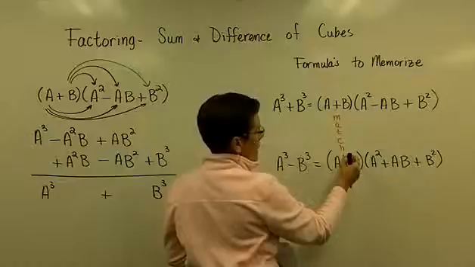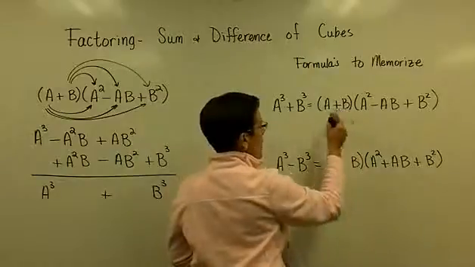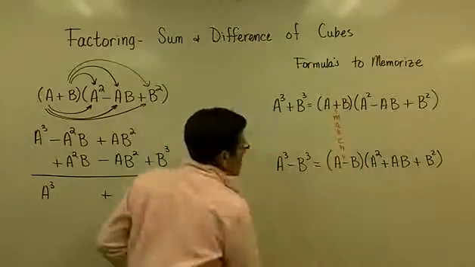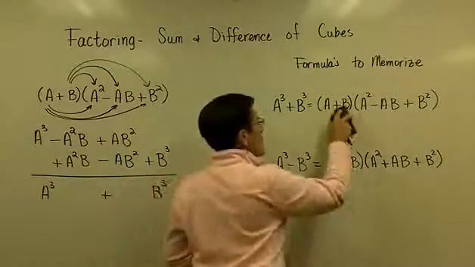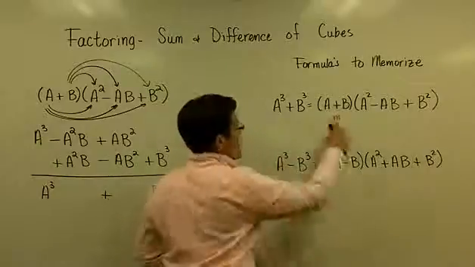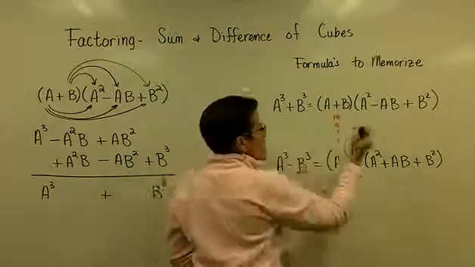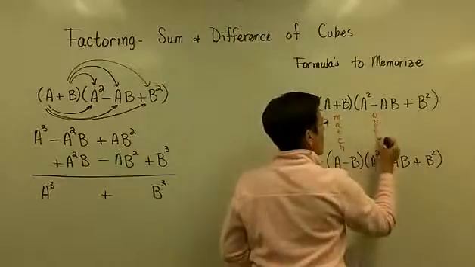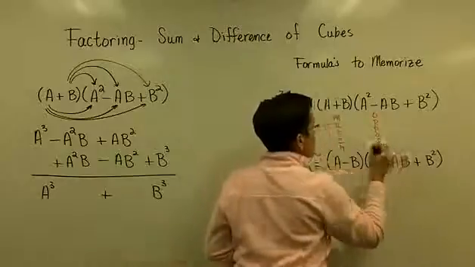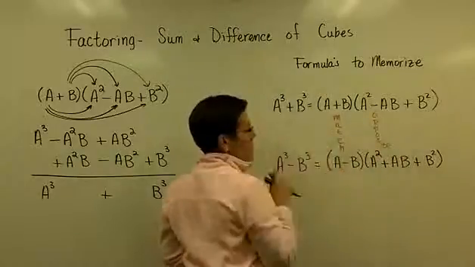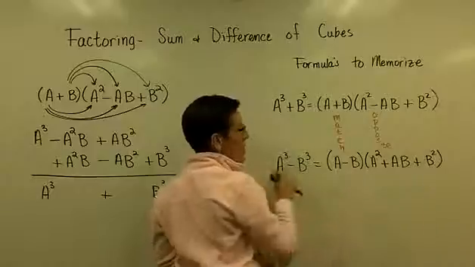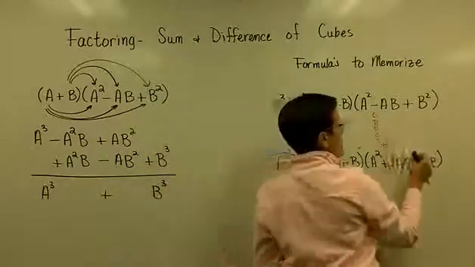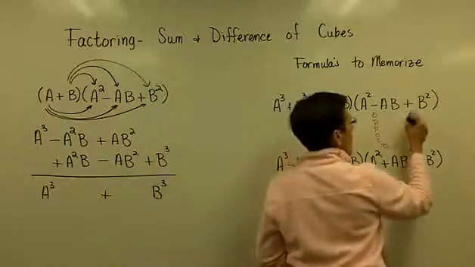They match their given problem. So this sign matches that sign. This sign right here is always opposite. This sign is opposite of that one. Look at this plus sign. It's opposite of that one. And these two signs are always positive.